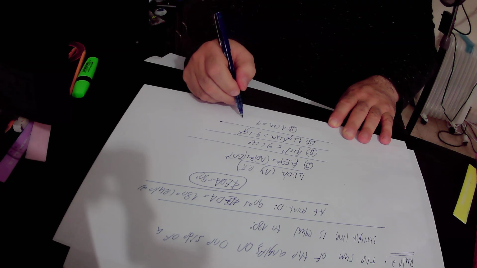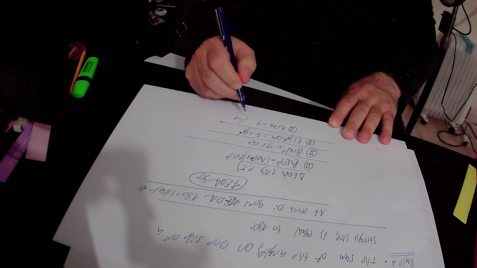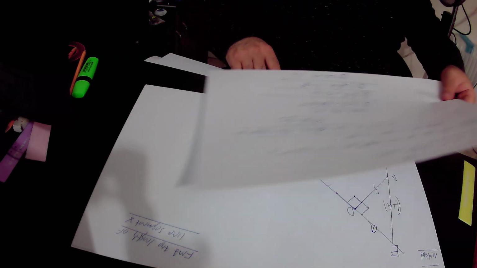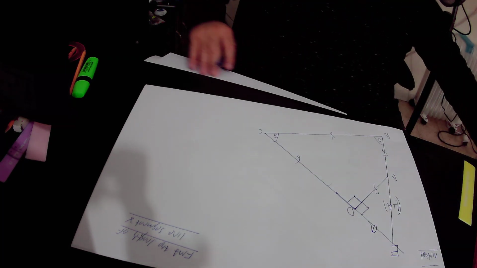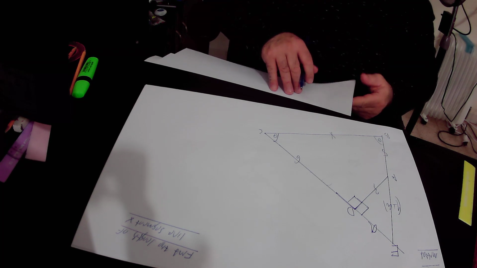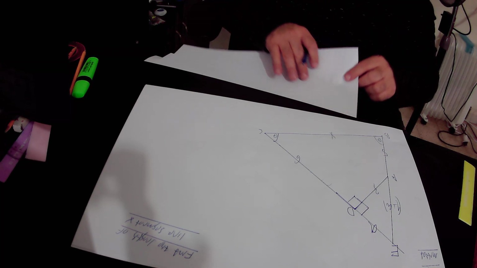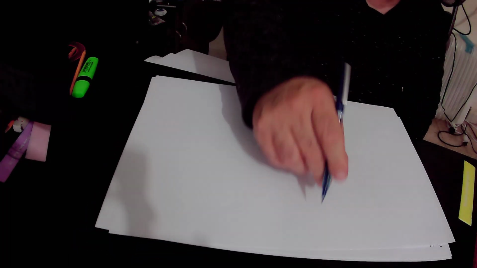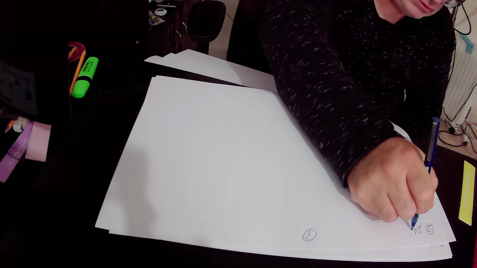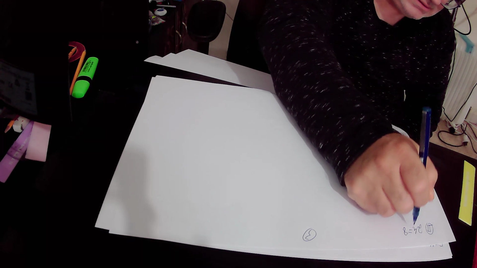Here we'll subtract 1 from this equation, and we'll get that 2A equals 9 minus 1, that is 8.